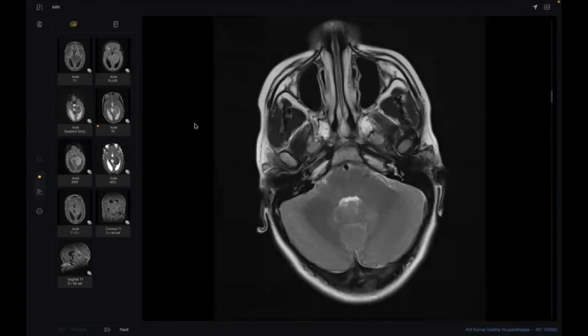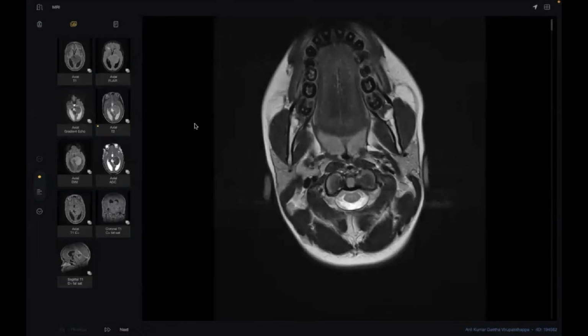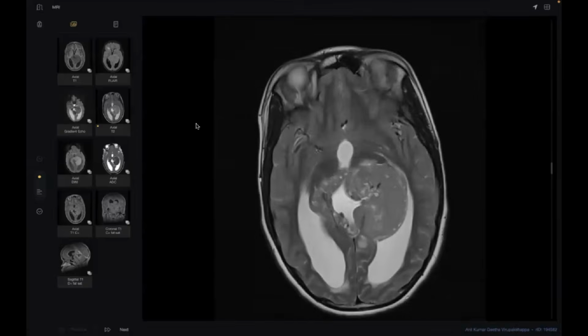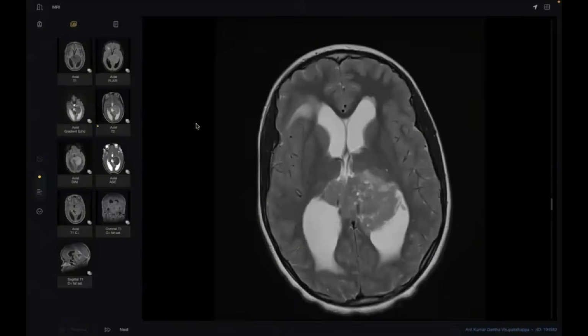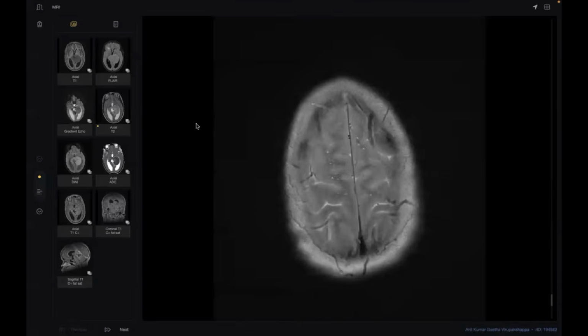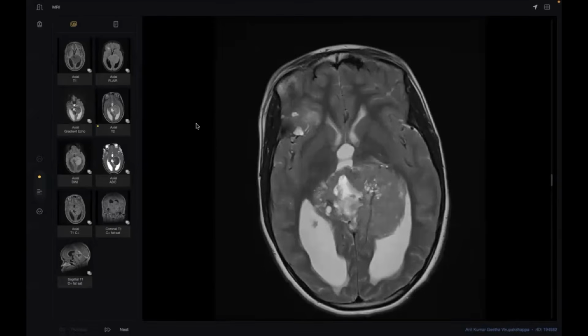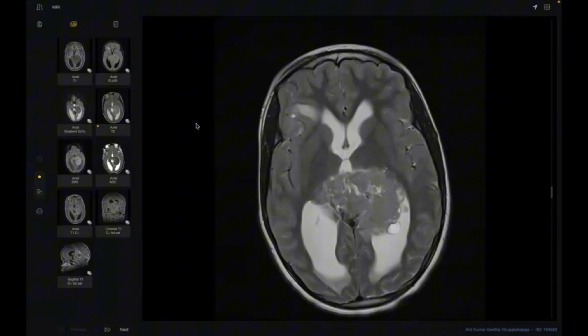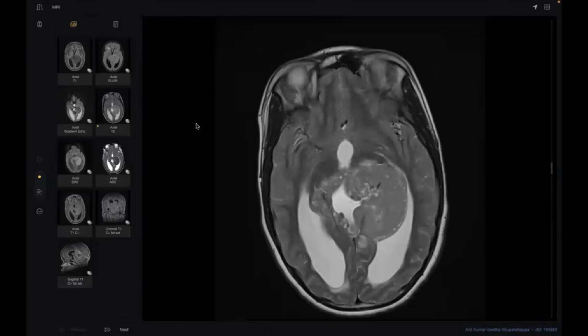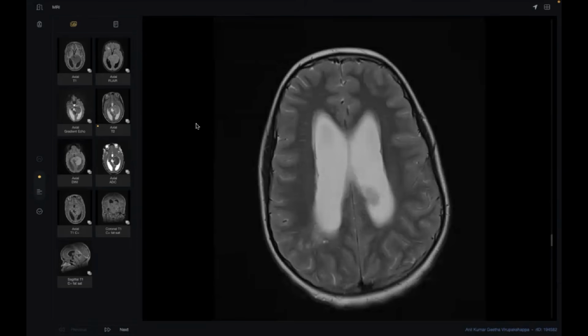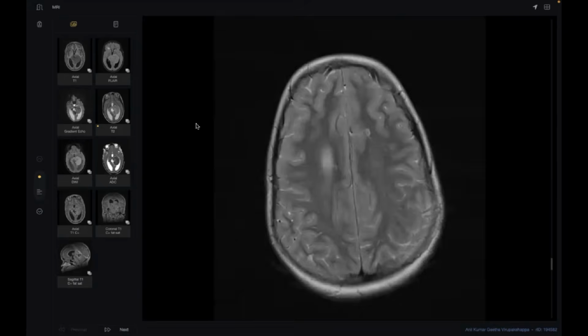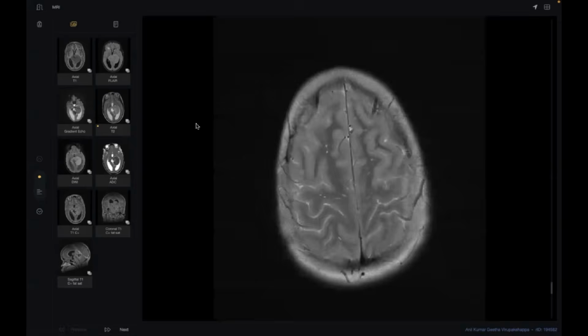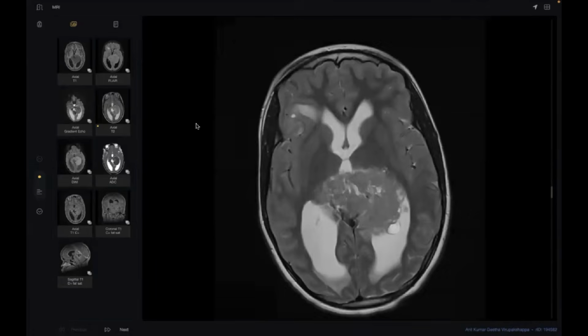On this T2 image, this large lobulated lesion is showing multiple small cystic areas which appear hyperintense, and the rest of the findings remain the same. There is a significant transependymal seepage of CSF also appreciated along the lateral ventricles, predominantly on the frontal horn as well as along the posterior horn.